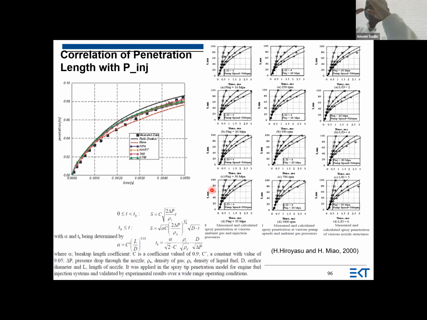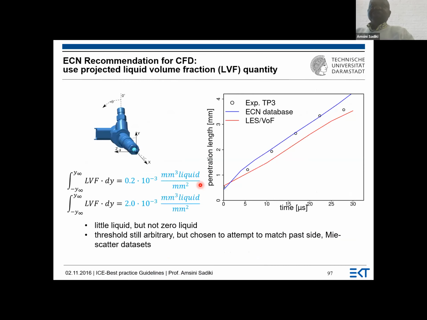If we have this L to D, then we can have it as a function of alpha, where alpha is the liquid volume fraction. In this case, we can obtain the penetration length as a function of the evolution along the axial position or the axial direction.